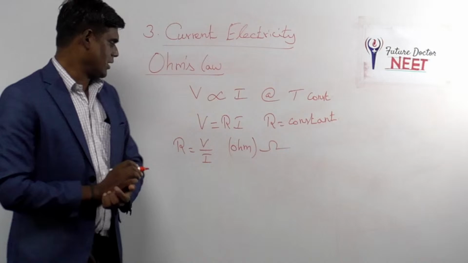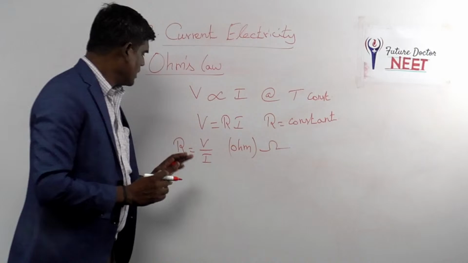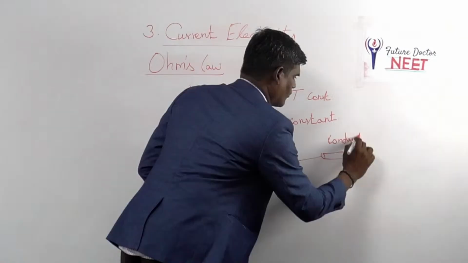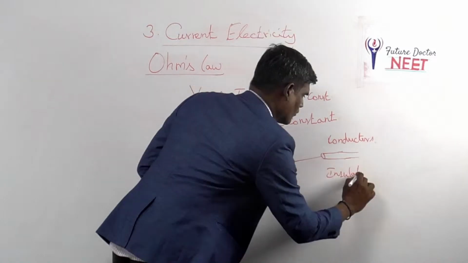So when current flows through some material, for example metals, that is the conductors, and other materials may be insulators. When we pass a current, in a conductor current can flow easily, and in an insulator current cannot flow easily. It is obstructed.